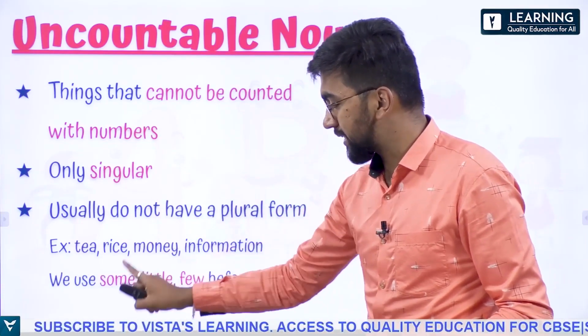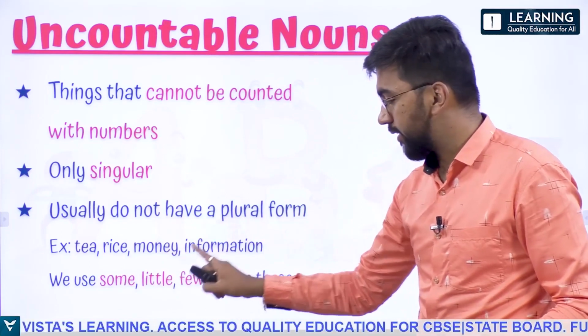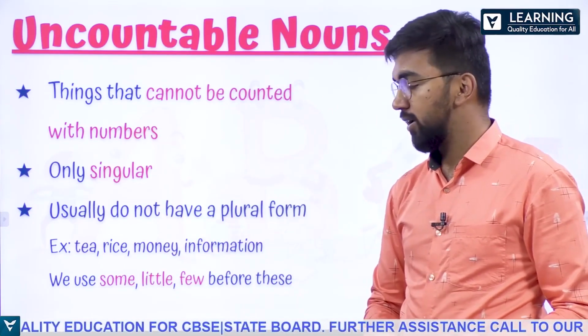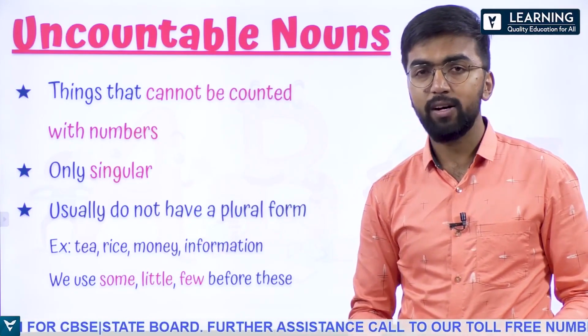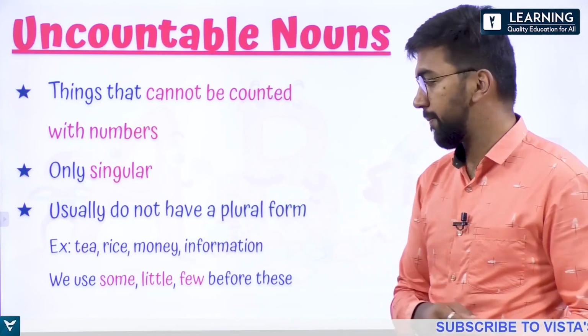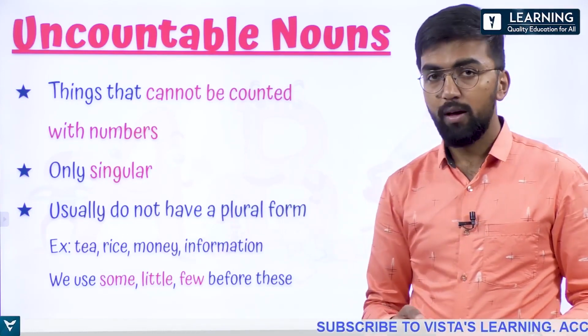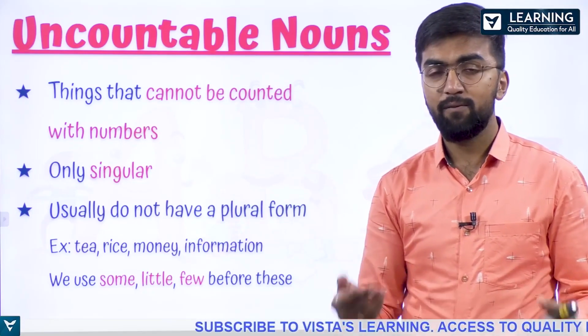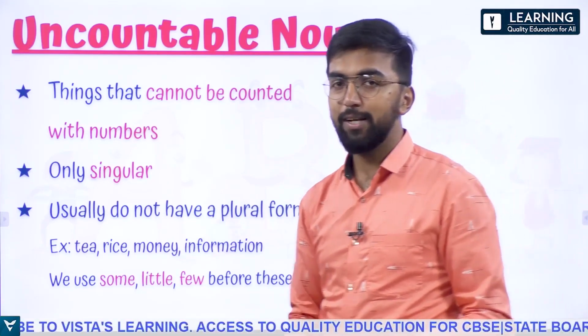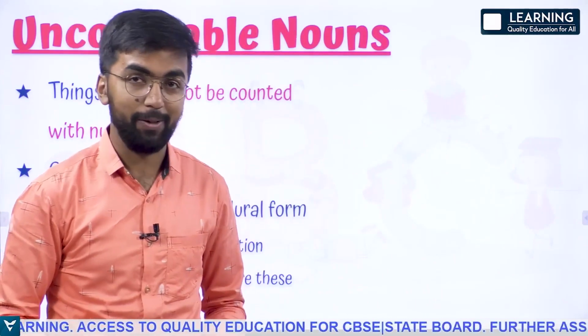We use some, little, few before these nouns. We say, can I have a little tea? Give me some money. There is very little information available. Let's take a look to understand them better.